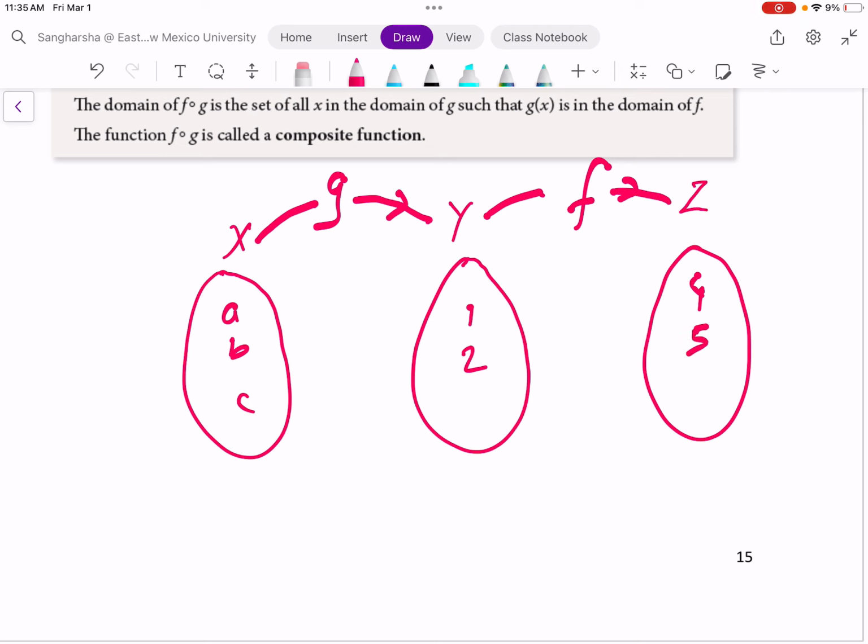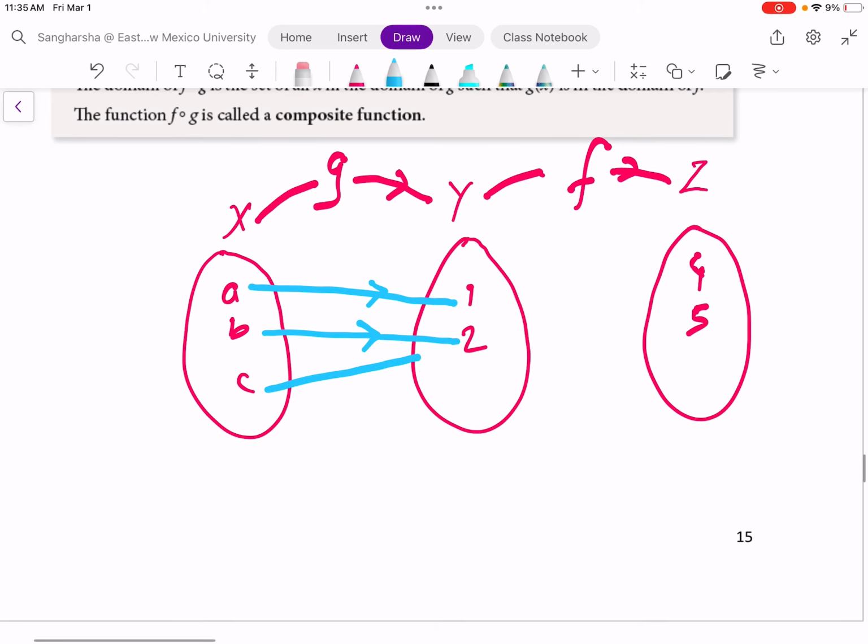A associates with 1, B has a correspondence with 2, and C corresponds with 2 here.